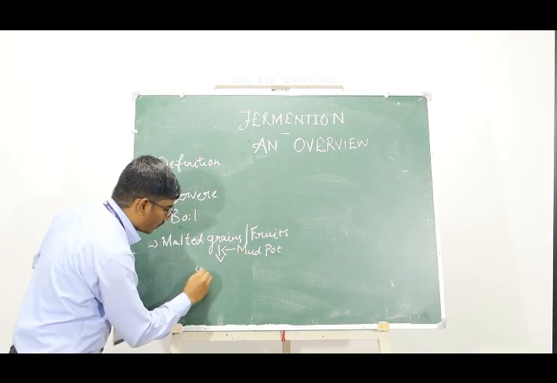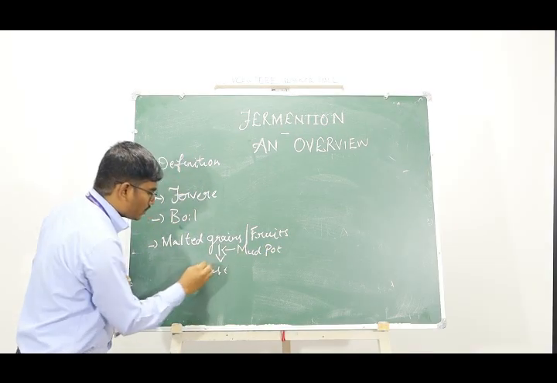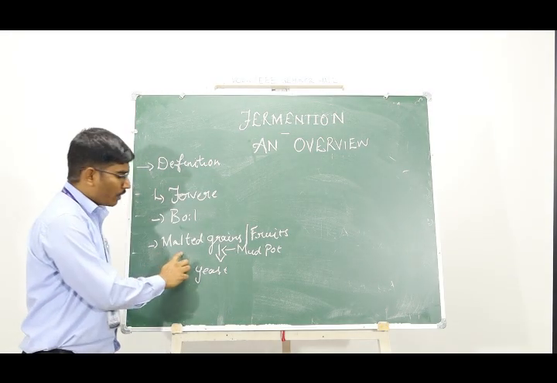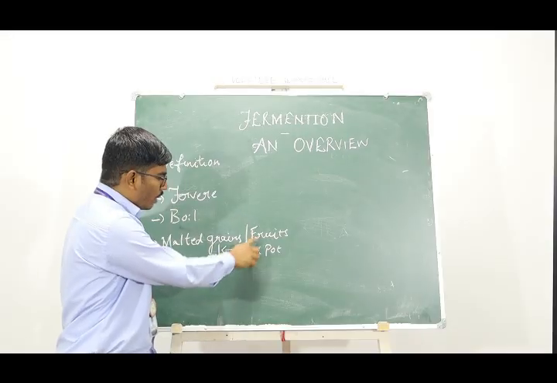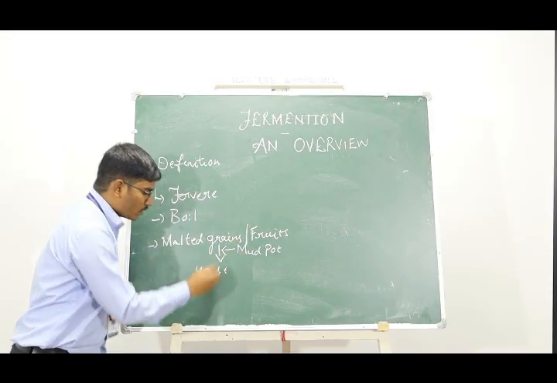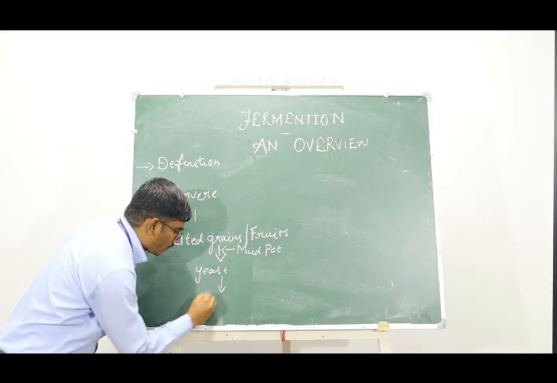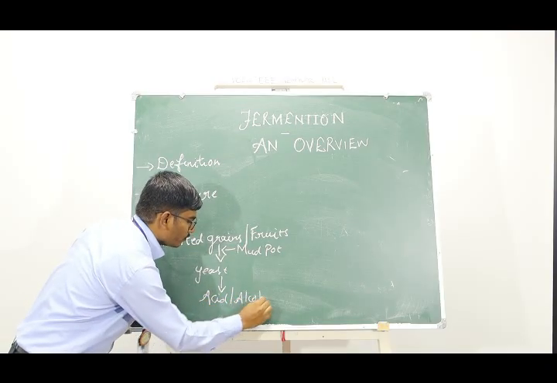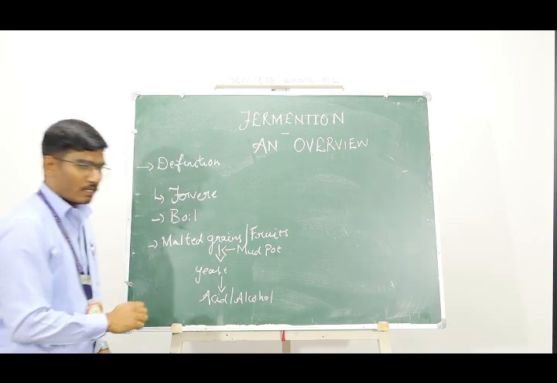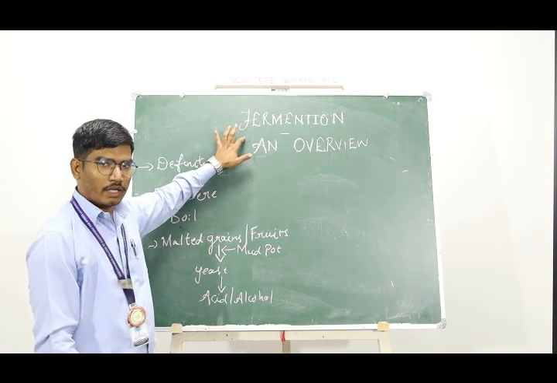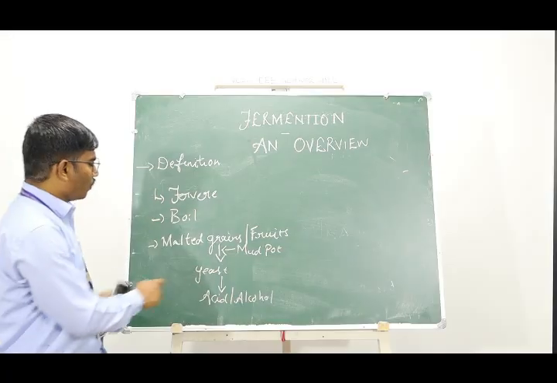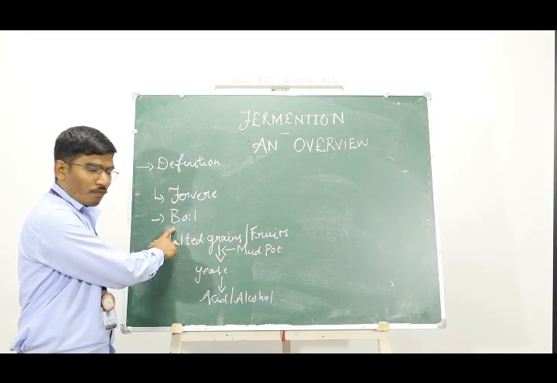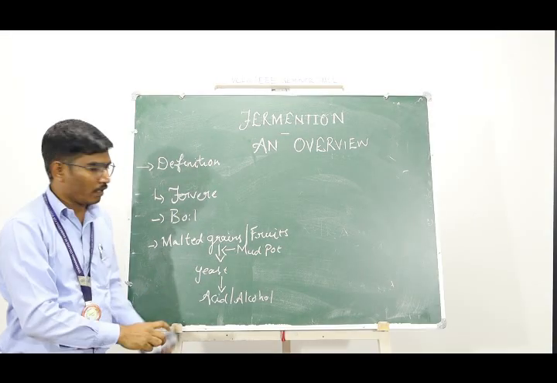When we are introducing the yeast, this yeast will utilize the sugars, that is the carbohydrate present in the malted grains or the fruit, and that way it will convert this into either acid or alcohol. So that we can call it fermentation. Okay, so due to the appearance of the boiling, the term fermentation originated.